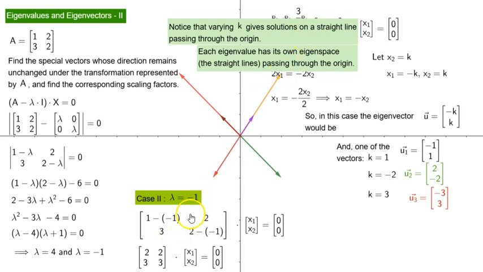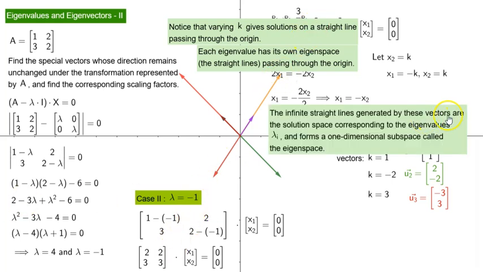The infinite straight lines generated by these vectors are the solution space corresponding to the eigenvalues and form a one-dimensional subspace called the eigenspace.